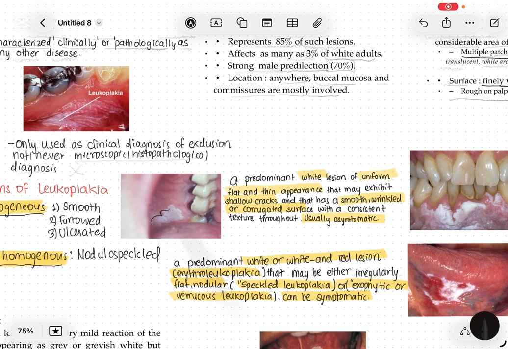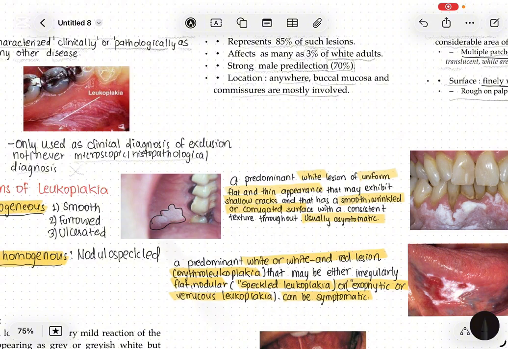It is a predominantly white lesion of uniform, flat and thin appearance. It may exhibit shallow cracks, and has a smooth, wrinkled or corrugated surface with a consistent texture throughout.